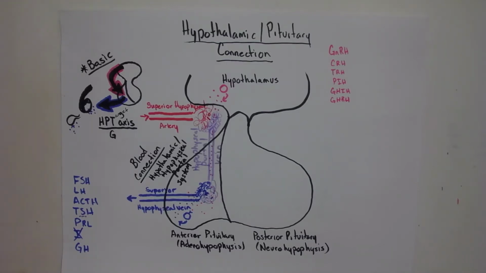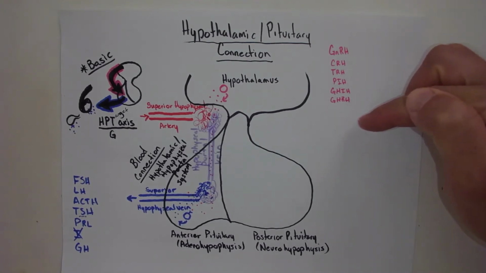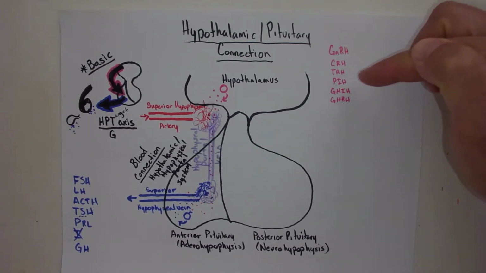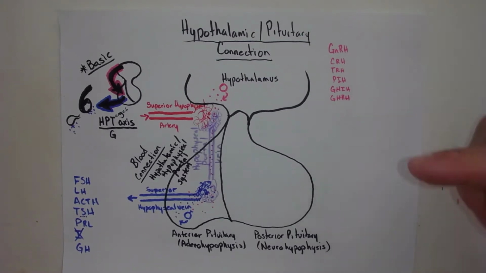Now let's take a look at the connection between the hypothalamus and the posterior pituitary, or the neurohypophysis. When we generated our list of the 8 hypothalamic hormones, I left off 2.